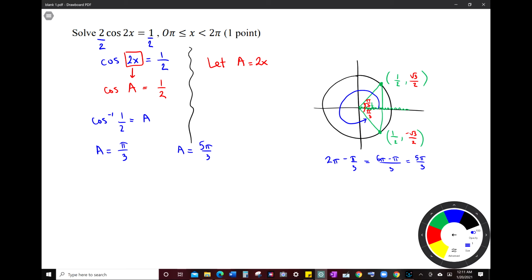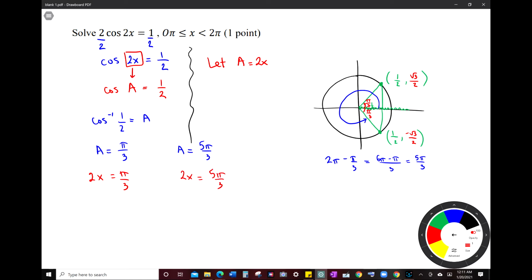You're looking for x. So we need to go back and replace A by 2x. Don't forget that. So we have 2x equals pi over 3, and we also have 2x equals 5 pi over 3.